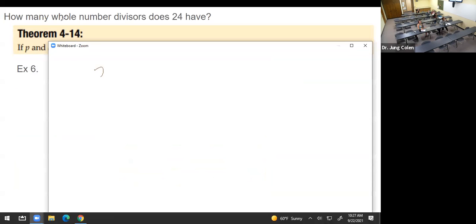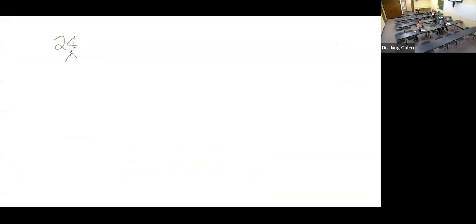24. If we do prime factorization, we have 2 times 12, 2 is prime, 12 is not, so continue, 2 times 6, 6 is 2 times 3. So we have 2 cubed times 3, right?